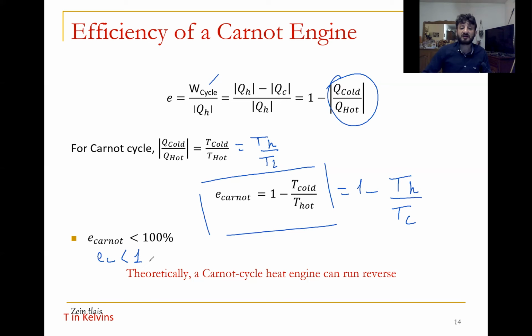Theoretically, a Carnot cycle heat engine can run in reverse. It means we come back to the initial state. It's a reversible process cycle. You will see in the next video, when I say Carnot machine, Carnot cycle, it means the change of the entropy equals 0.